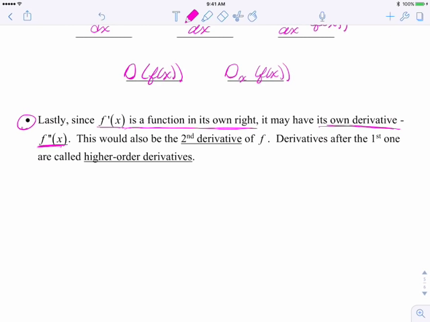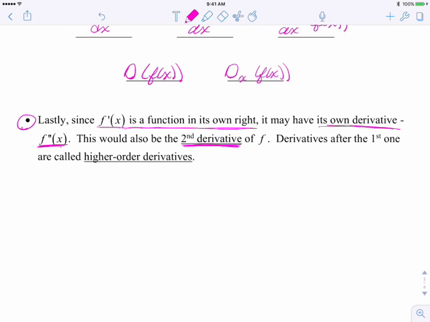So f double prime of x, because there's two tick marks, means you are two derivatives away from the original function. And we call that the second derivative of f. Now, another way of looking at f double prime is that it's the first derivative of f prime, because it's only one derivative away from f prime.